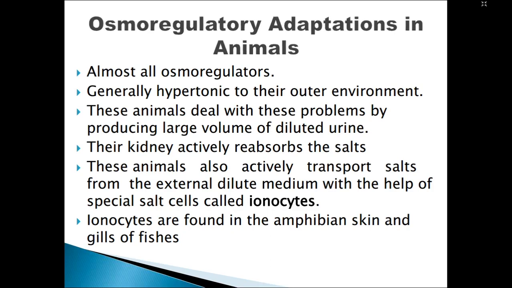Ionocytes are found in the amphibian skin and gills of fishes. The amphibians are mostly freshwater living animals like frogs, salamanders, and others.